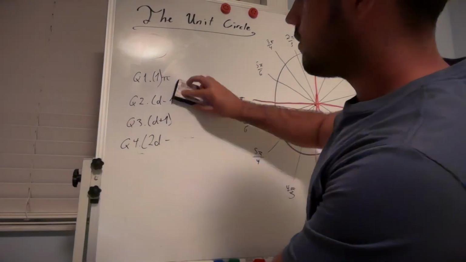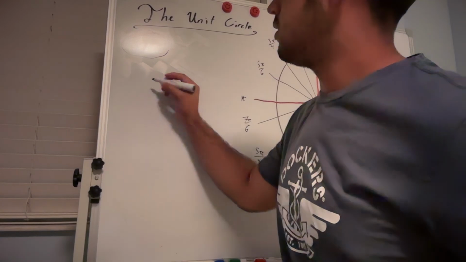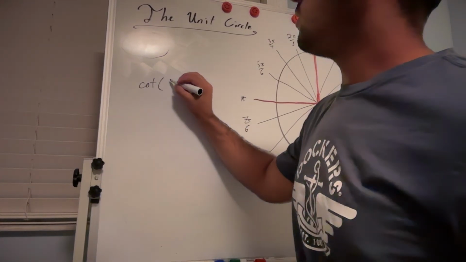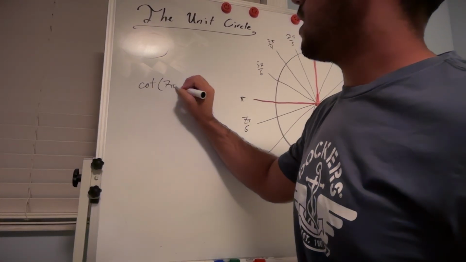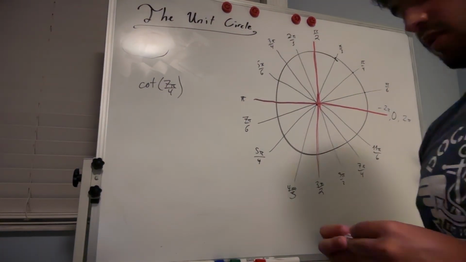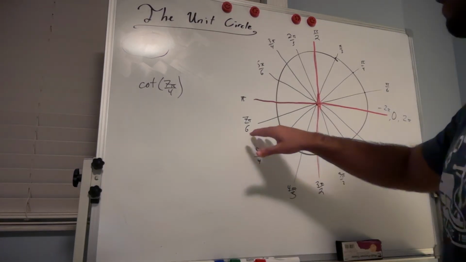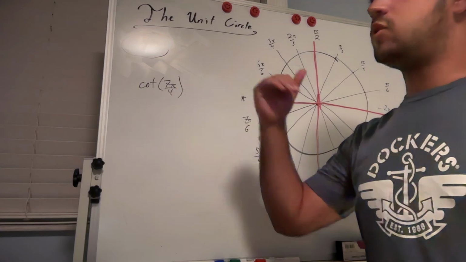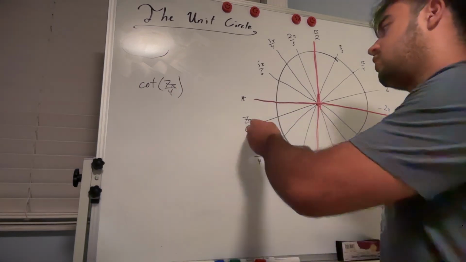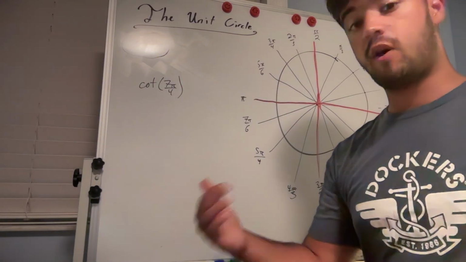So if I'm given to solve cotangent of 7 pi over 4, well, the first thing I do, and what's really important is when you get one of these, you have to think, don't think of it like this angle. You're going to have to think of a reference angle.